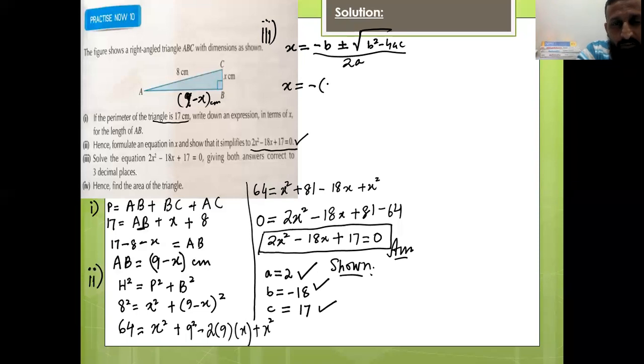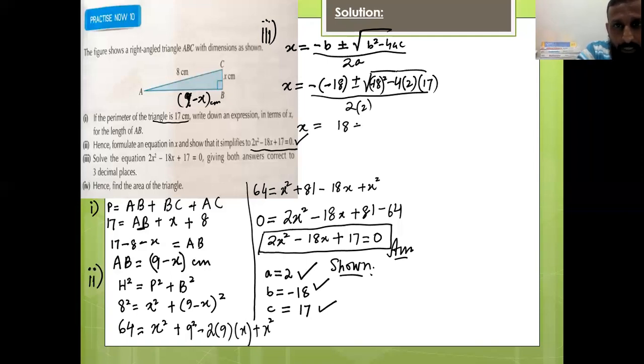Negative, and we have a value of b as also negative, so negative and negative 18, plus minus negative 18 squared, minus 4 times the value of a, which is 2, and the value of c, which is 17, upon 2 into 2. All right, let's simplify it more.